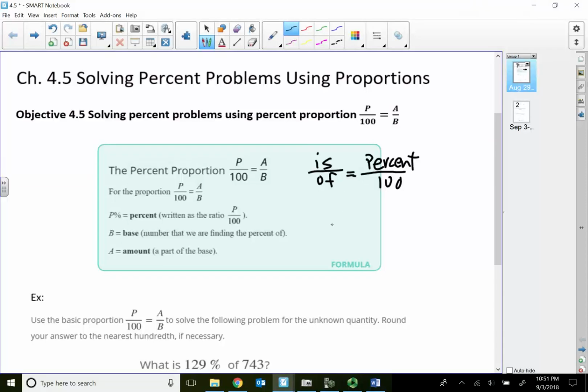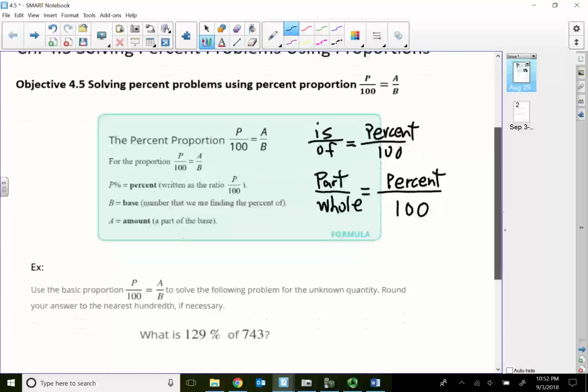Now the way I normally like to show students is using what a percent really is. A percent is really a part over the whole is equal to percent over 100. Okay, it's the same concept, just different wording. Everything's the same. I don't like the "is over of." It's a little bit confusing. I don't really like it.